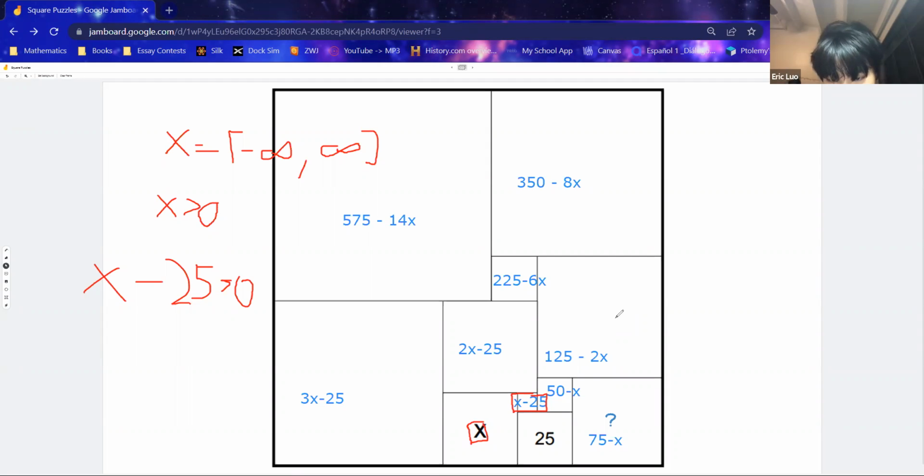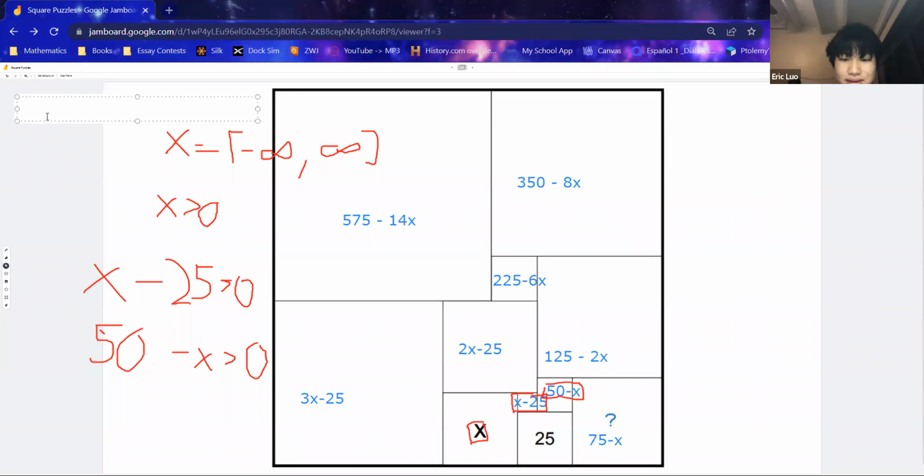But just one thing, for something like 50 minus x, what does x have to be actually? 50 or bigger? Well, let's see. If x is 51, then what would 50 minus x be? If x is 51, then 50 minus 51 is -1.